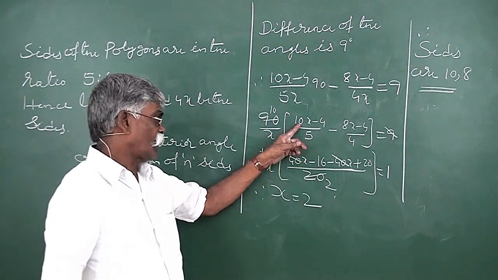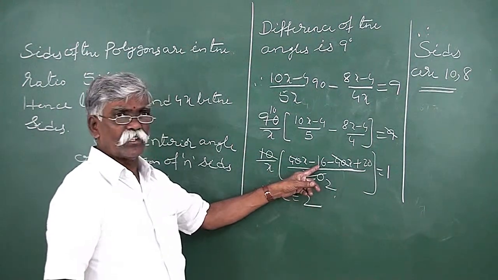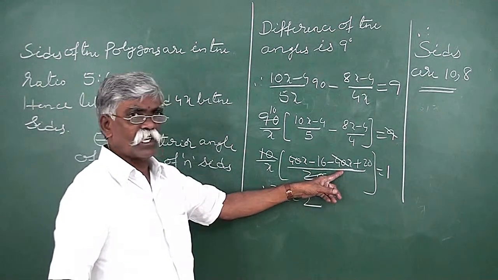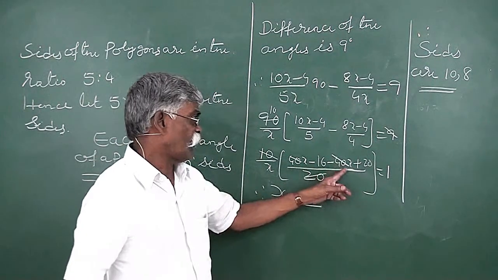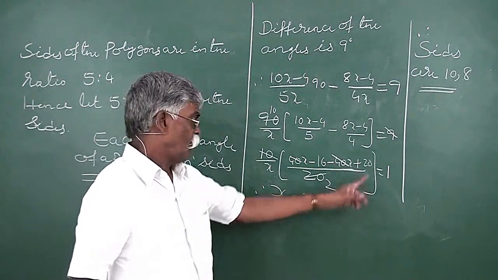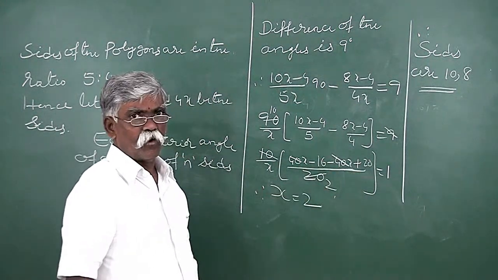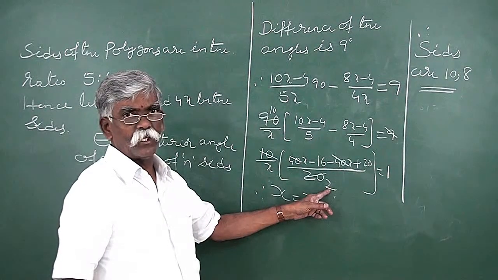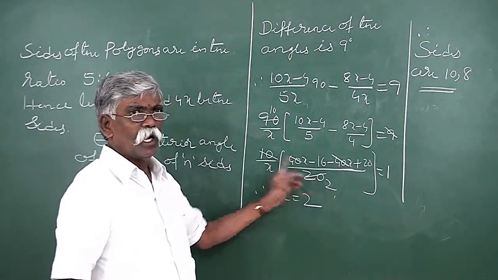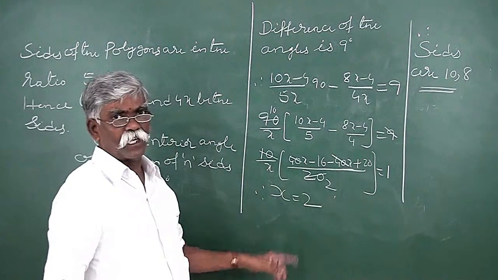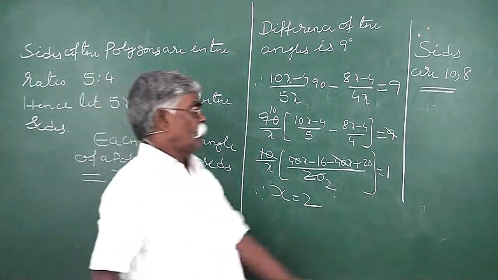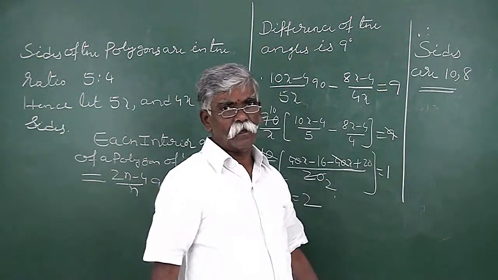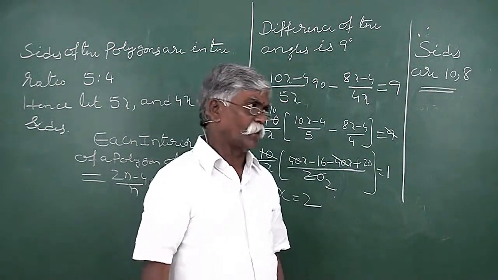Now 40x minus 16 minus 40x plus 20. 40x cancel. 20 minus 16, 4. 4 by 2 is 2. And x goes on that side. Therefore, x equal to 2. And by substituting the value of x, the sides required are 10 and 8.